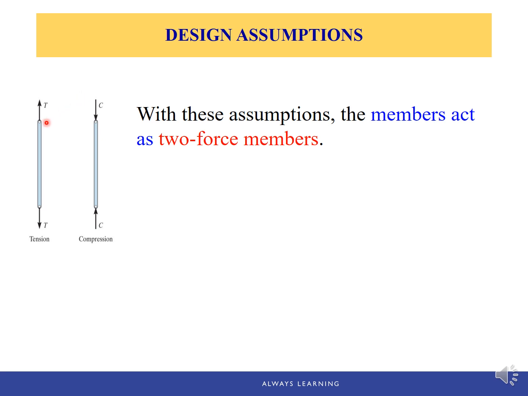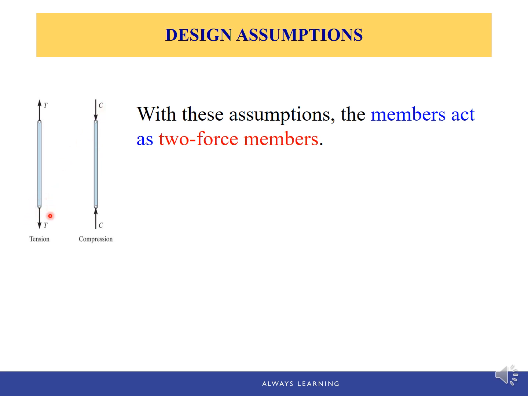And for each force, for the truss members, there are only two possibilities. Either the forces are pointing out into opposite direction or pointing into the member.